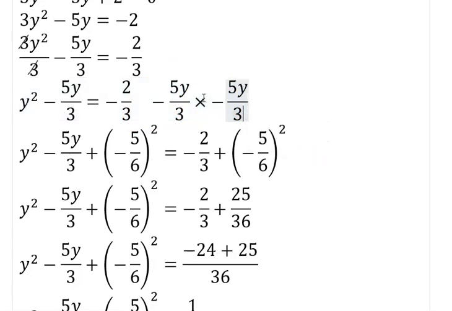So we want to get the half of this. That's what we want to do. This minus 5 over 3, we want to get the half.